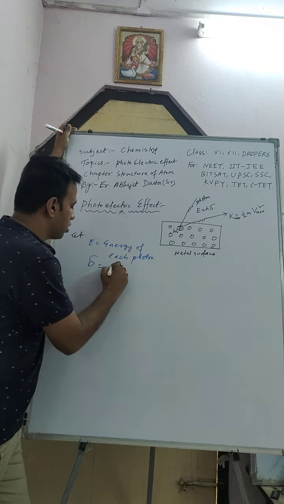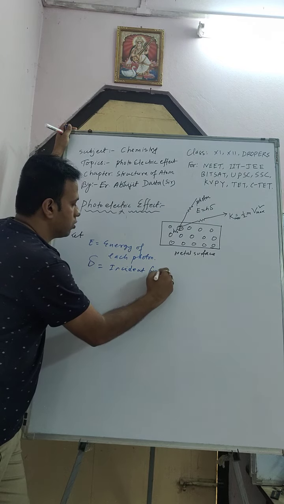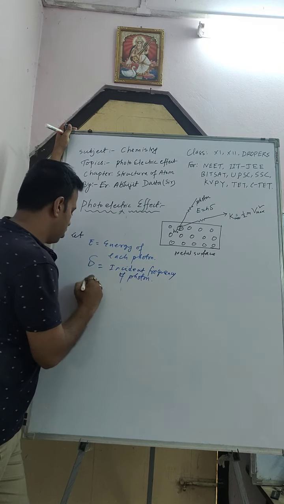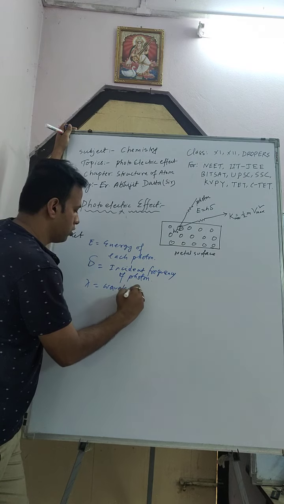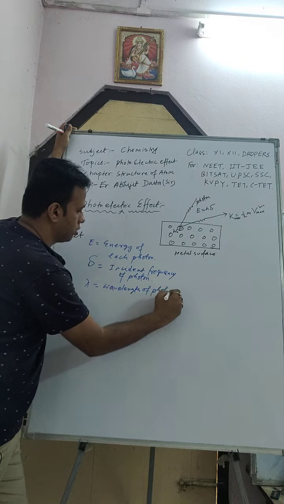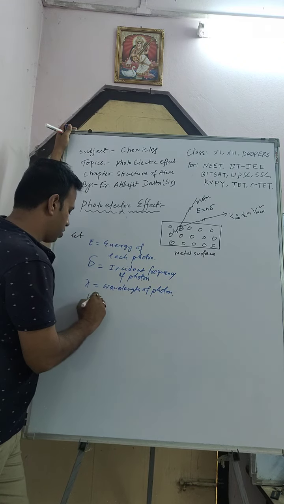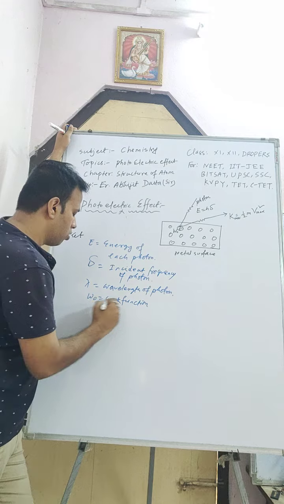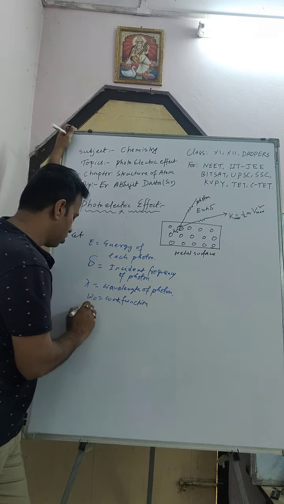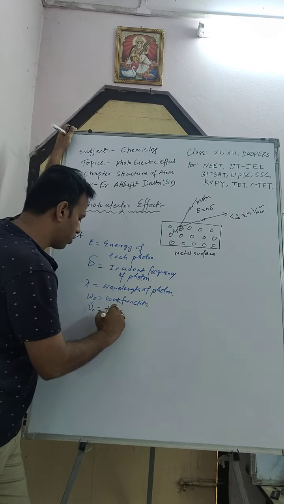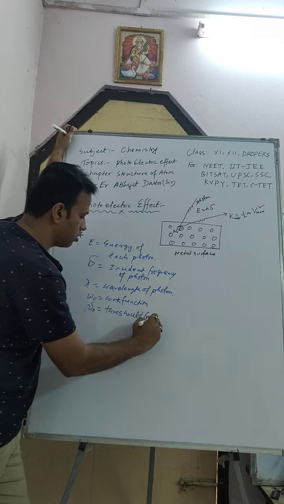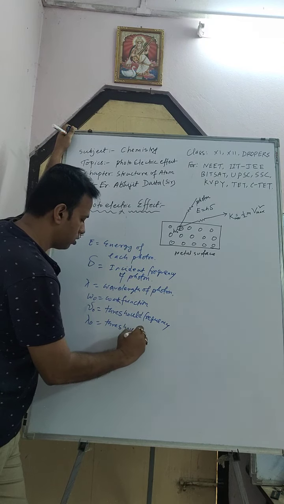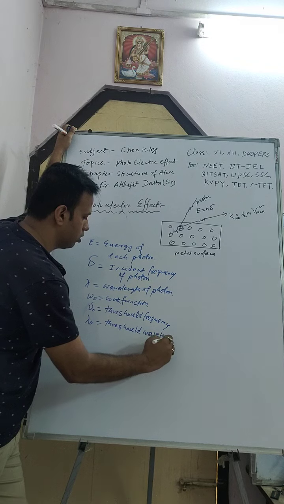Nu is the incident frequency of the photon, lambda equals the wavelength of the photon, W0 equals the work function, which I will explain later, nu 0 equals the threshold frequency, and lambda 0 equals the threshold wavelength. Okay, this much is clear.